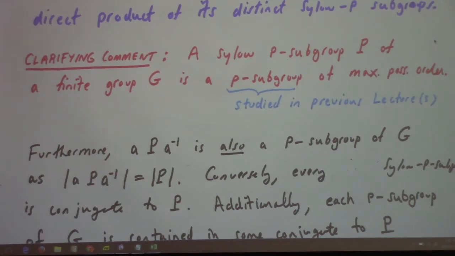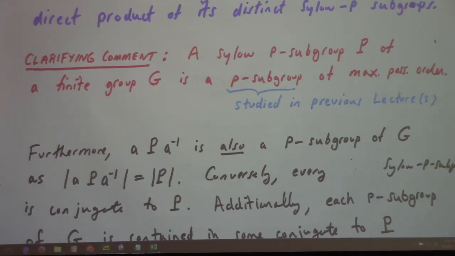So that means that this is a Sylow P subgroup, then that's a P subgroup. Conversely, you can prove that every Sylow P subgroup is reached in this way. If you have one, all of the others can be reached by conjugation.